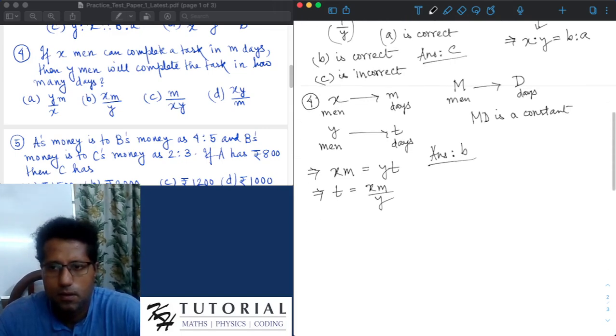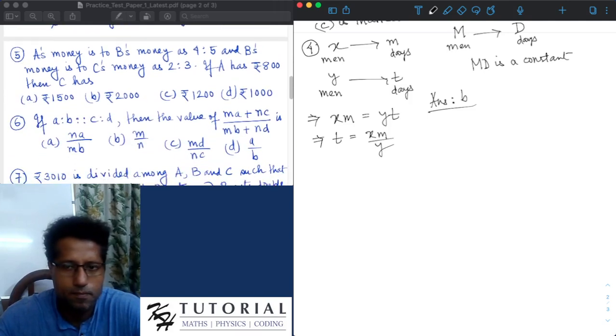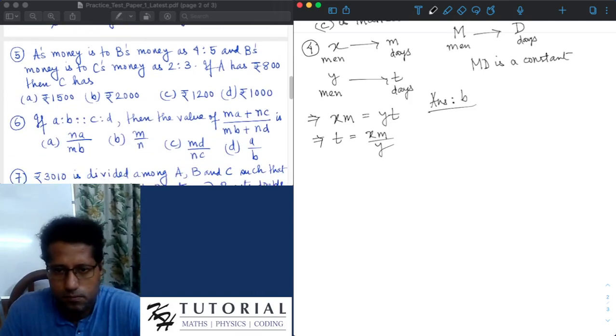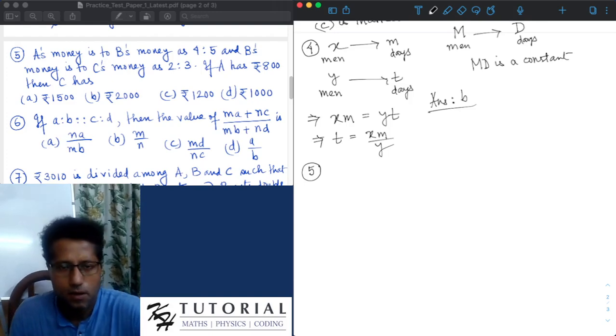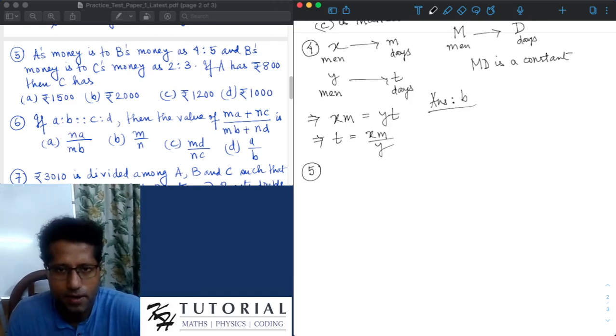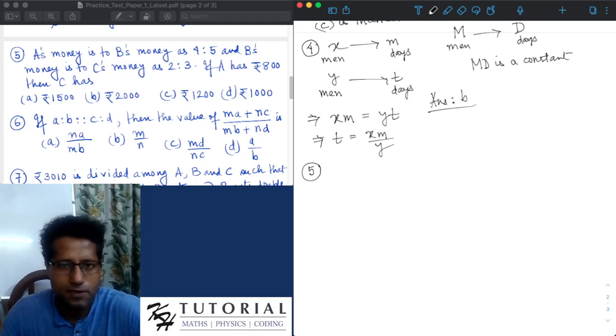Okay. Let's do problem number 5. Problem number 5 says that A's money is to B's money as 4:5, and B's money is to C's money as 2:3. If A has rupees 800, then C has. Okay, so in the problem it is given that A, B and C have some money.